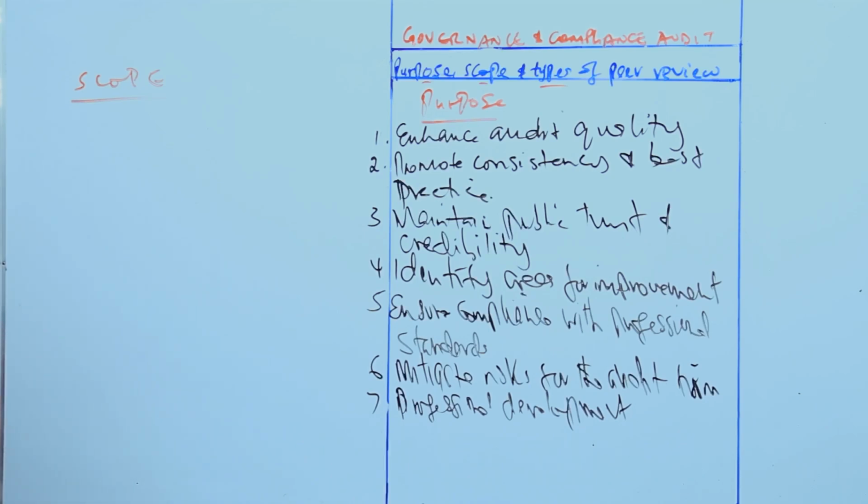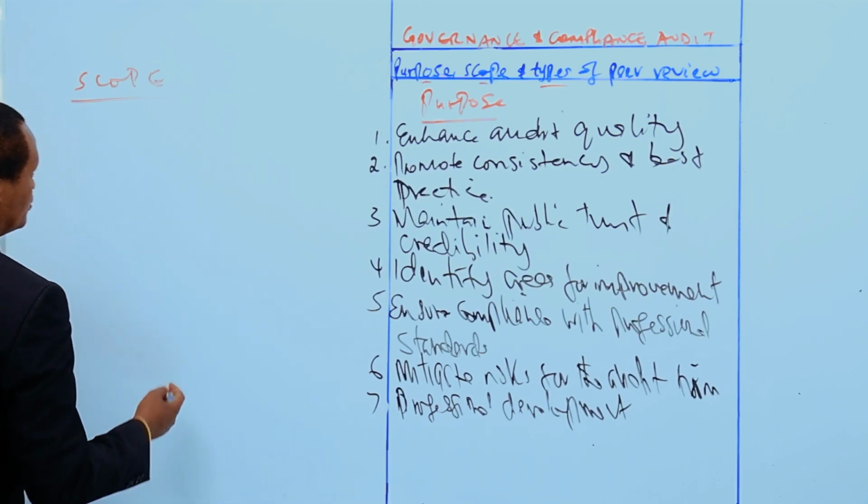Now, the scope of peer review for governance and compliance audits typically encompasses an assessment of the audit firm or internal audit function's entire system of quality control and its application to individual engagements, which may include review of quality control system design.